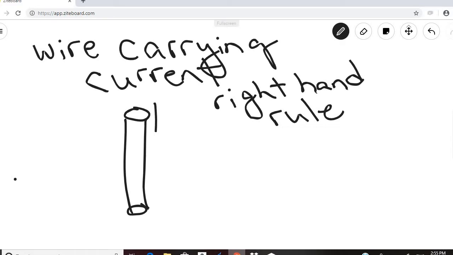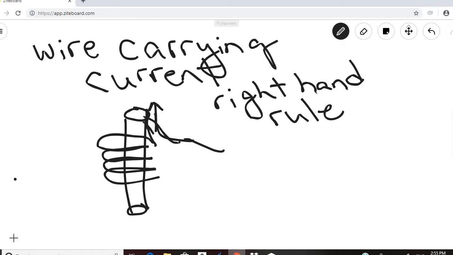You guys know I'm a terrible drawer, but we would place our thumb pointing up in the direction of the wire, and then whichever way the fingers curl around will tell you the direction of the magnetic field lines.